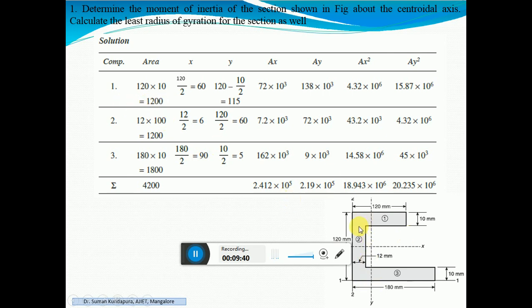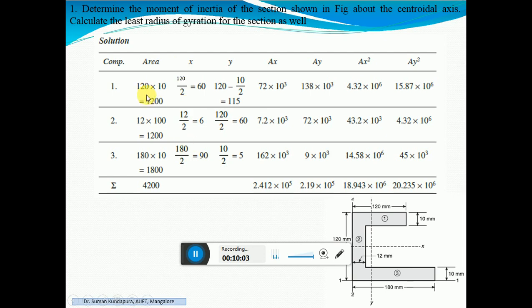Next one is this distance, the whole distance is 120, remove this 10 mm, remove this 10 mm, you will get 100, 100 into 12, that is 1200. Third rectangle is 180 into 10, 1800. Sum up everything, you'll get summation area 4200.